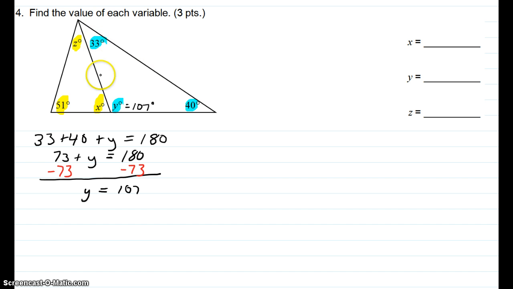And so now we're going to be able to use this to help us in this triangle. Right now it's still 51 plus z plus x, so that's not a help. But remember that this right here is a straight line, and a straight line is going to add up to 180. So we're going to take x plus y, and now y has a value of 107, and that's going to equal 180.